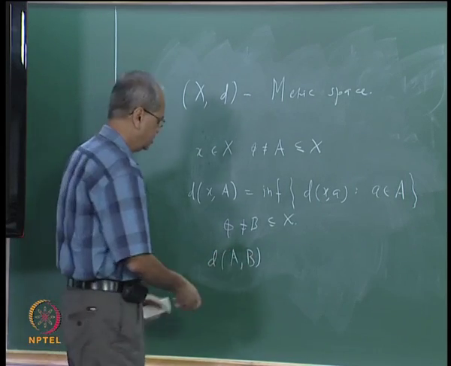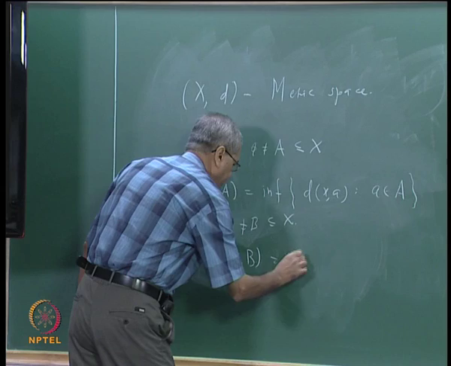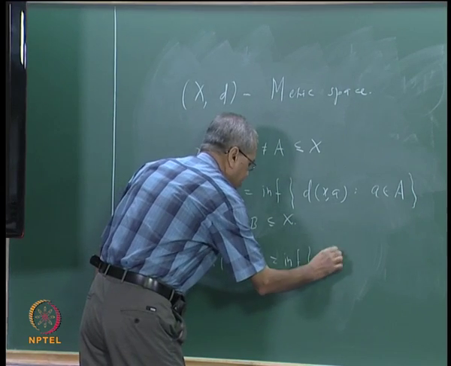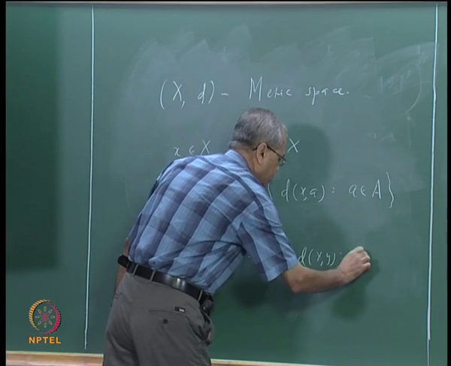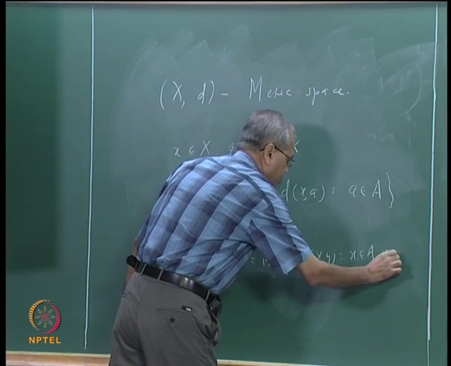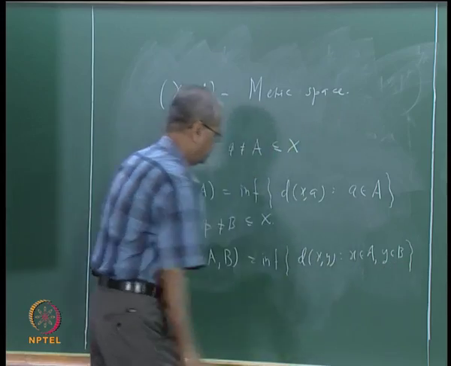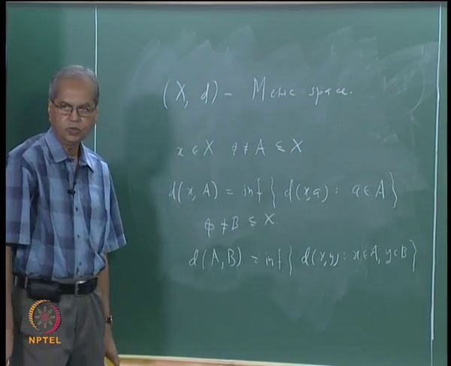So it is the infimum of the distance between x and y, where x belongs to A and y belongs to B.